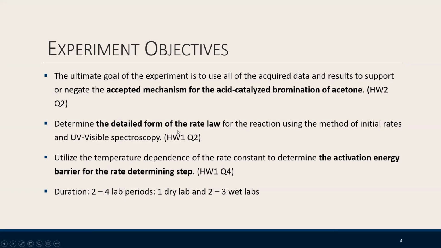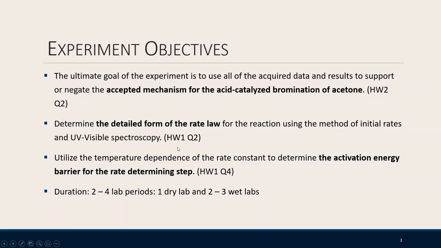Once you find the rate constant and the activation energy barrier, you can relate back to the proposed reaction mechanism. Remember, refer to your homework 2, question 2. That one asks you to find the literature about the accepted mechanism for that particular reaction.